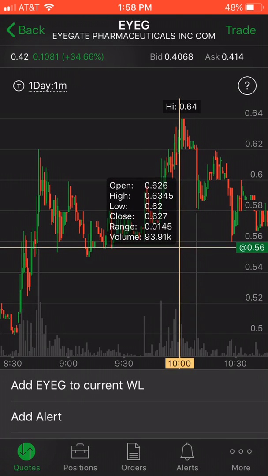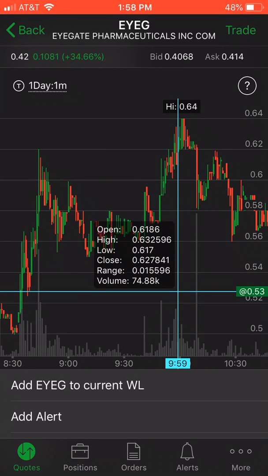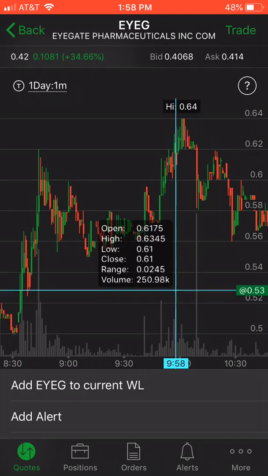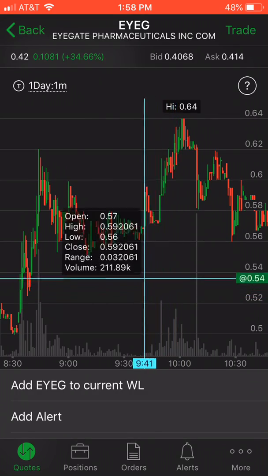And typically when you buy, you don't want to be over 10% of the volume. Let's say this candle is at about 200,000, so 10% would be 20,000. I wouldn't want to go for 40,000 or more, because maybe my order won't fully get executed.